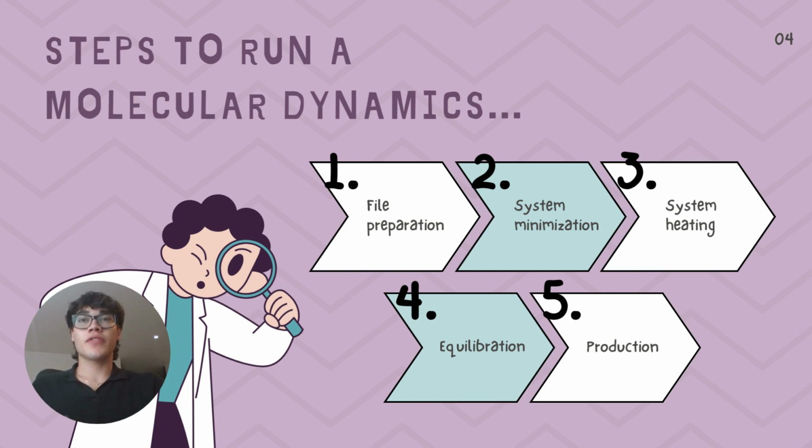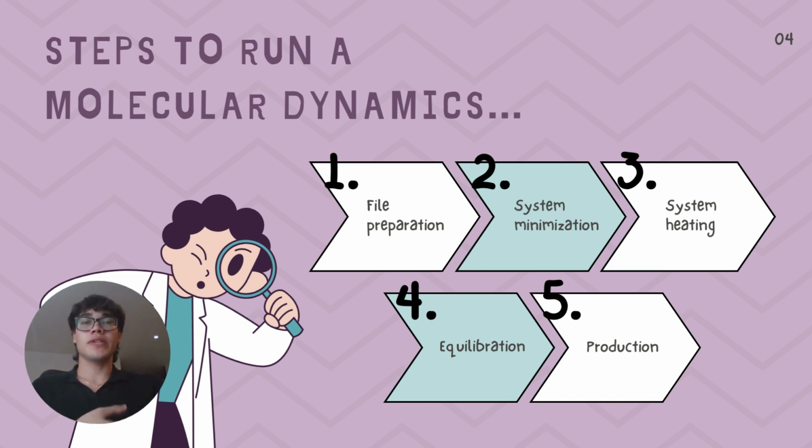Before we go any further, we must know the steps to run a molecular dynamics. First, we have to get a file that models the system, in this case, molecules of water, and for that, we use the model TIP3P. Then we have to minimize the system in order to reduce the possible sources of error or non-convergence that are related to the high levels of potential energy that we can get from the running.